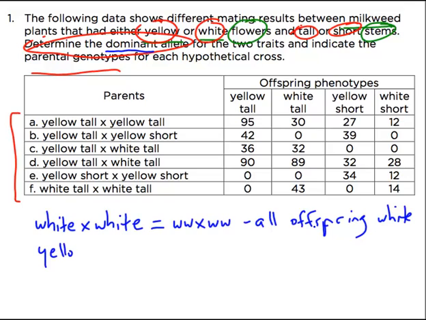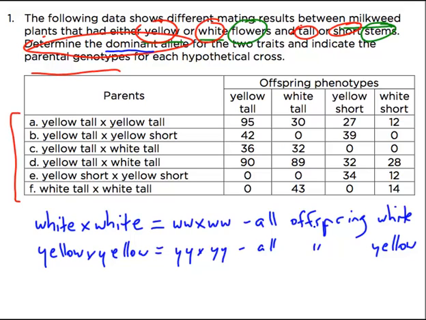The same idea: if you see a cross that's a yellow times a yellow, if that one was recessive, I'm just making up the letters here, then all offspring would be yellow. So to me, it's as simple as looking for these crosses where it's a white times a white or a yellow times a yellow, and just seeing what the result is, and then doing the same thing for tall and short.